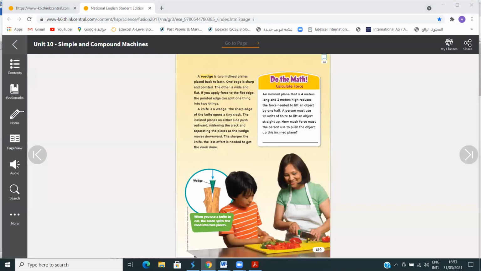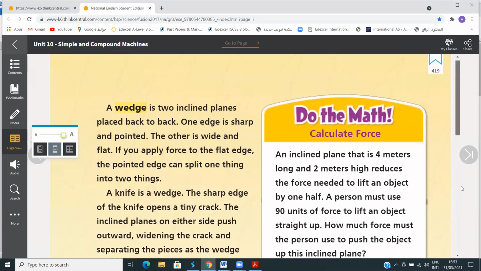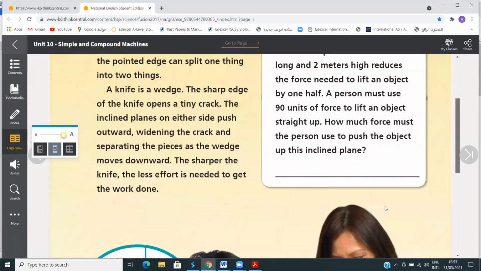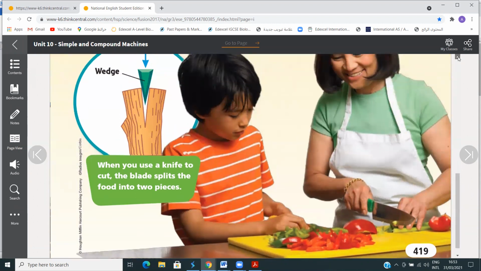Do you see the knife here? That is the knife. I will enlarge it for you to understand it well. The knife consists of two ends here. One end is sharp and the other end is flat. That's the wedge.